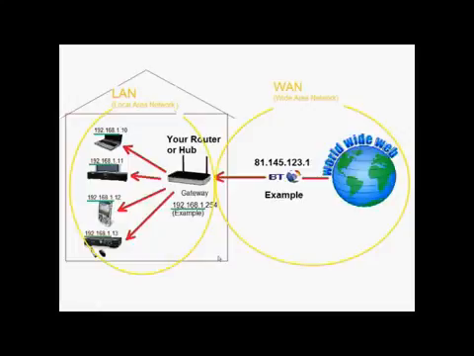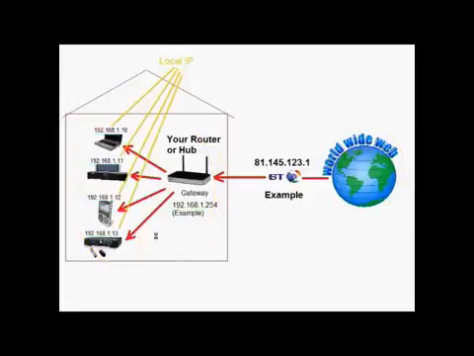Why is it important that we know the difference between these two areas? Simply because the IP addresses valid between these two areas are different, and because we are explaining the IP addresses here, we need to know what is different between these and how it affects us when we are setting up the internet. In here we're showing the local IPs.